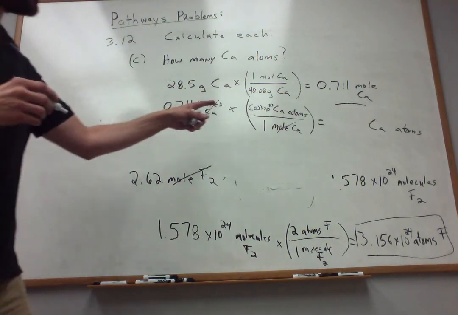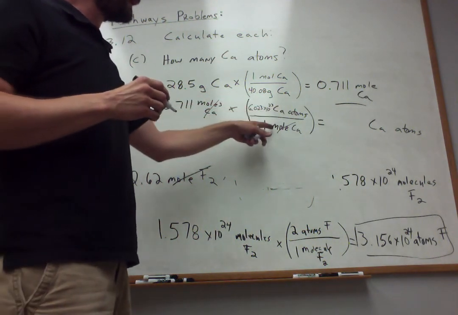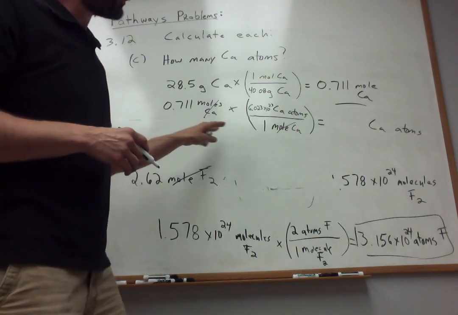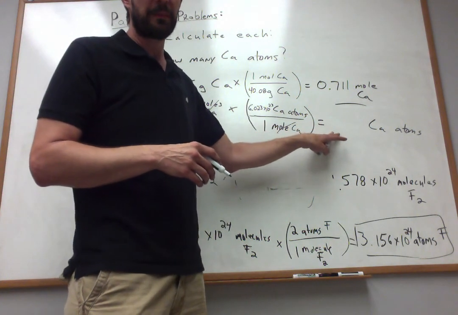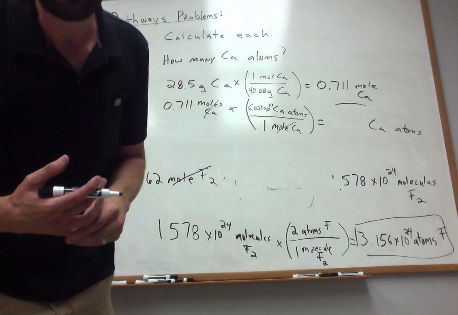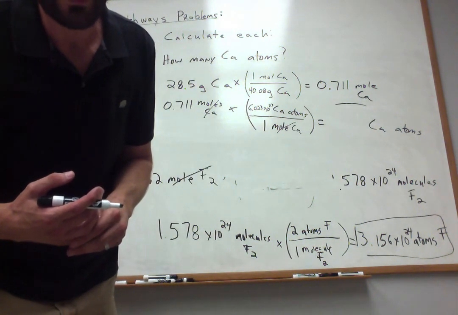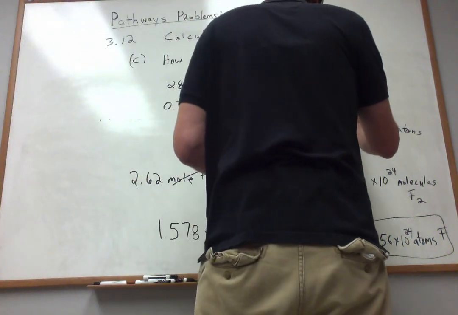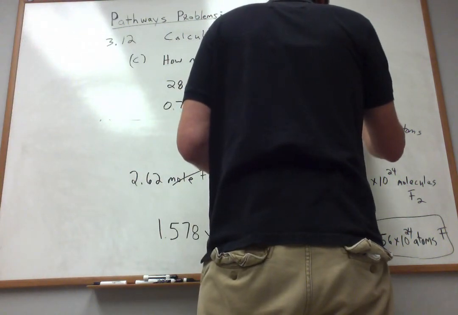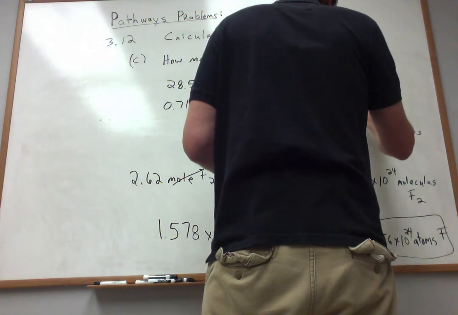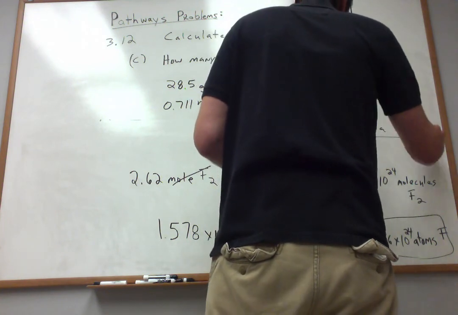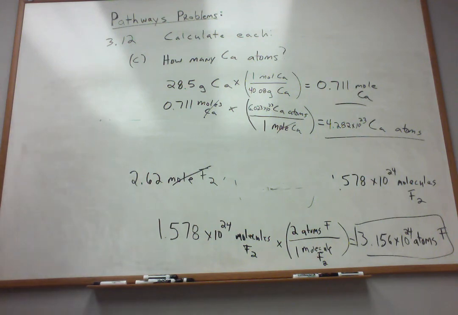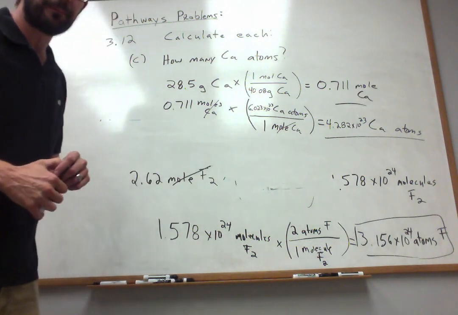So 6.023 times 10 to the 23rd atoms make up a mole of calcium. If I have this many moles, I can surely compute how many calcium atoms I've got just by multiplication, right? And if I do that, I've got about 4.282 times 10 to the 23rd. That's how many calcium atoms that I've got.